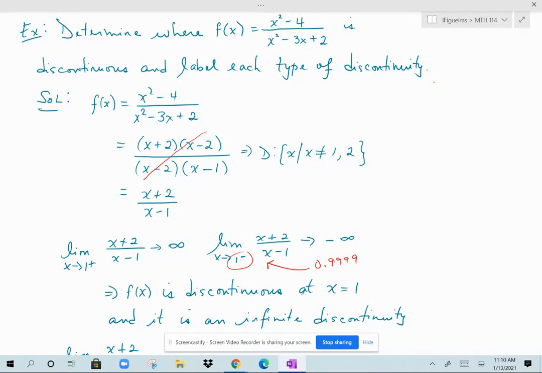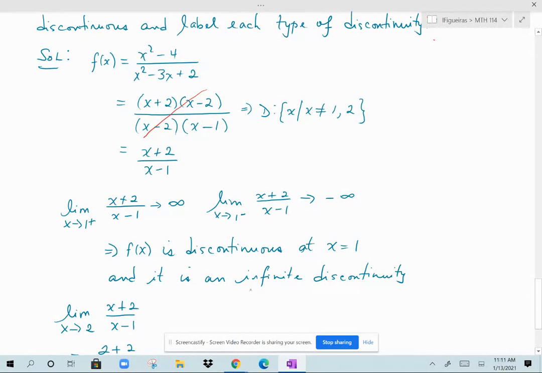And again, dividing by a number like that makes the whole thing become a very negative number. So this would be approaching negative infinity. So whether I'm on the right side of 1 or the left side of 1, my function is going to either plus or minus infinity. That means that it's discontinuous at 1 and it is considered to be an infinite discontinuity. That means I'm going to have an asymptote there, a vertical asymptote.